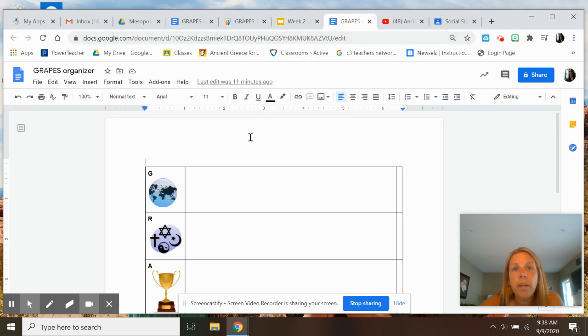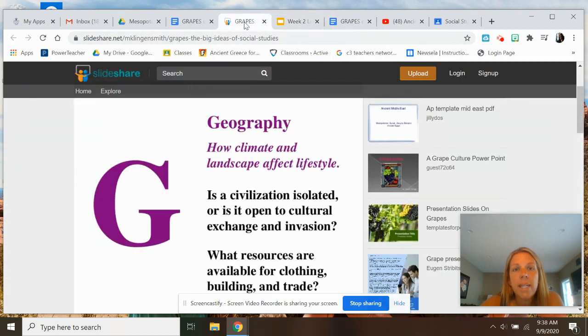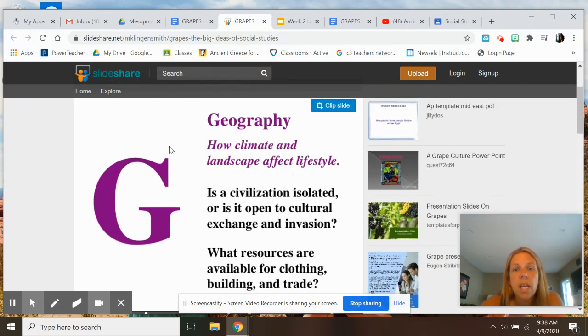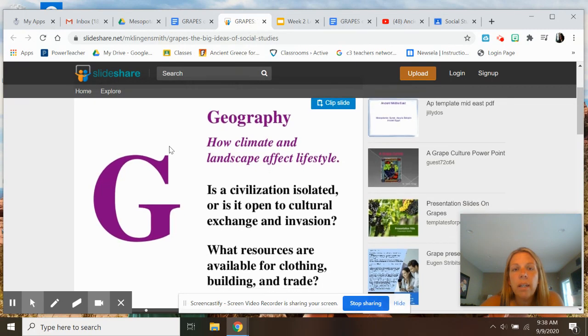Once you have that open and you have that saved, we're going to go through here the big ideas of social studies. So as you saw in the video, the G in GRAPES stands for geography. And then this is the definition of geography, what you would be looking for in each civilization.